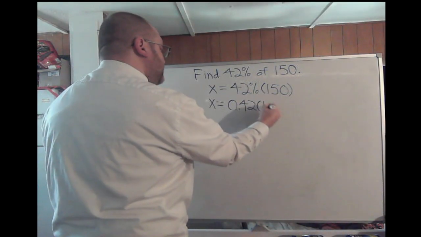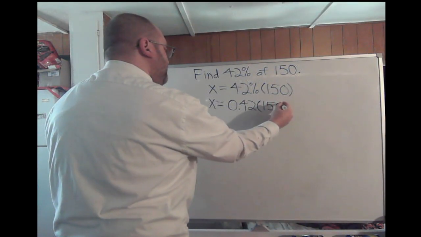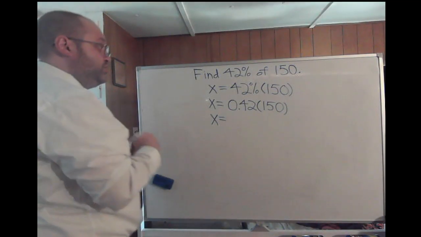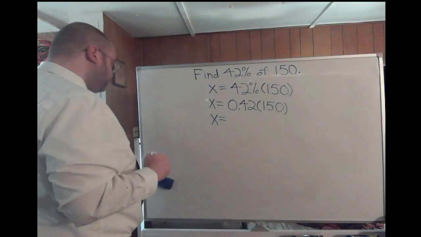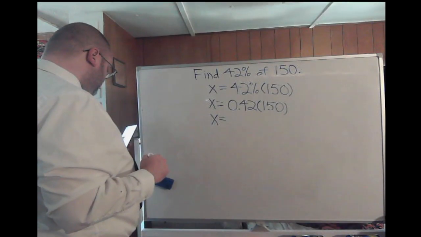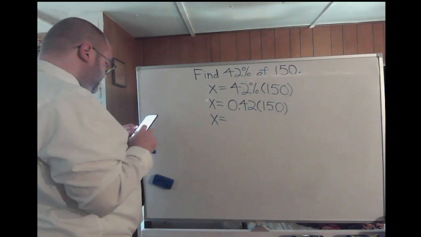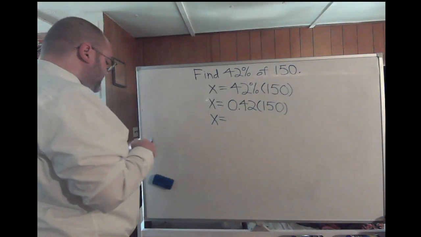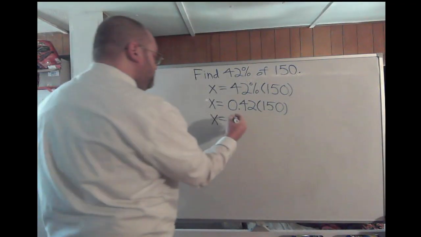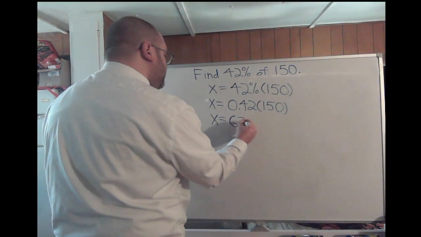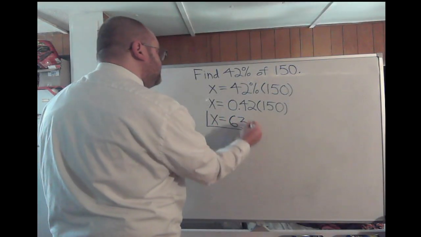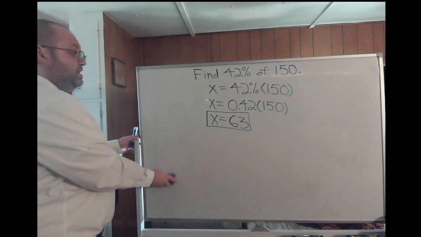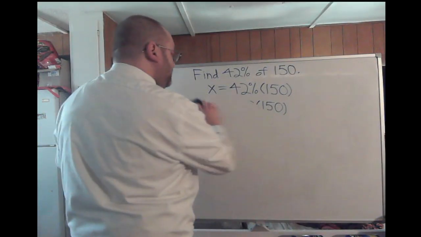We'll take that times 150. Now all we have to do is plug this into the calculator and we should get our answer. So 0.42 times 150 is 63. So the answer is 63 is 42% of 150.